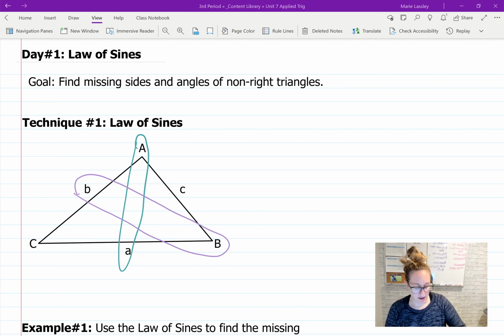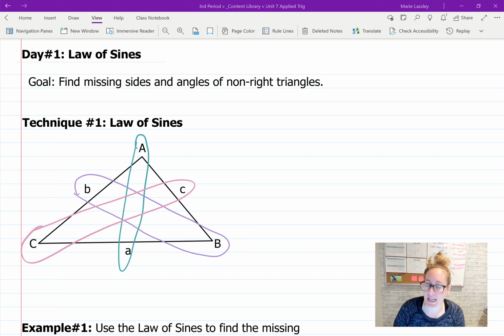And then we have angle C, and across from angle C is side C. This is a common naming practice when we're dealing with geometric shapes. This is an important thing to keep in mind.